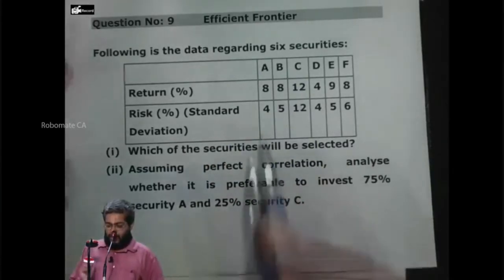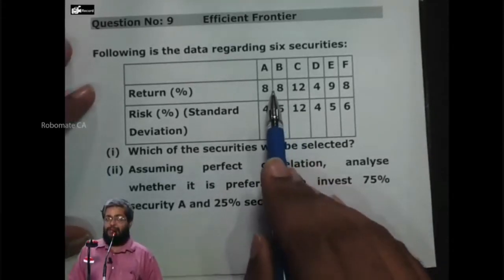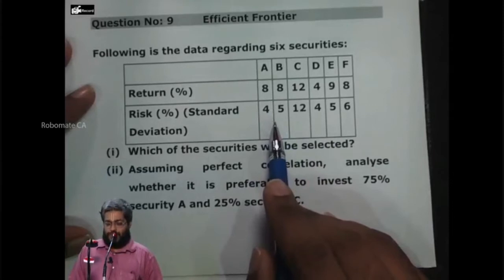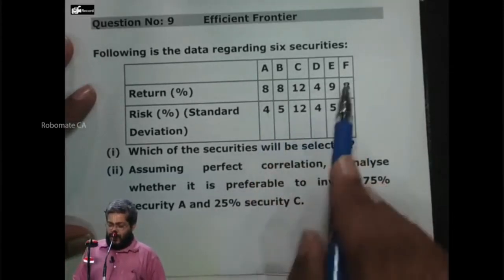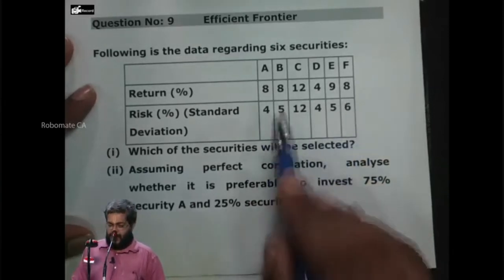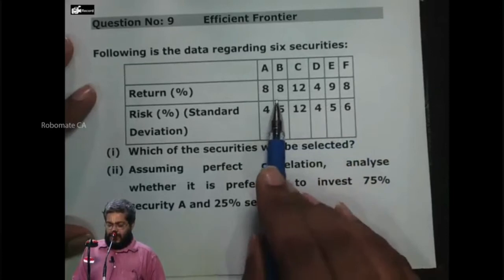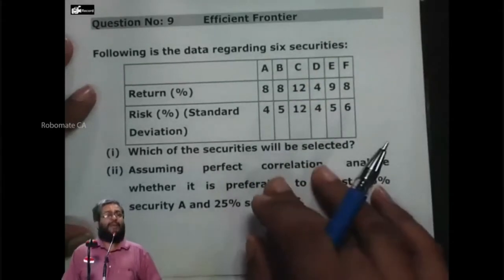Accepted? Now, security A is giving how much return? 8%. And how much risk? 4%. Is any other security giving more return for the same 4% risk? No. Is any other security giving the same return for a lower risk? No. A is efficient.